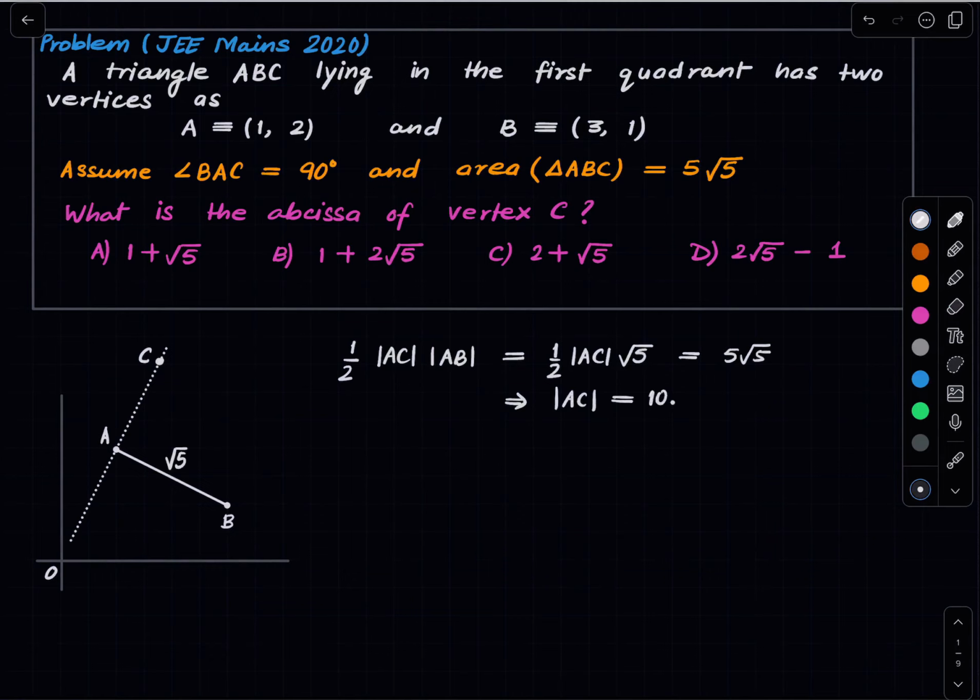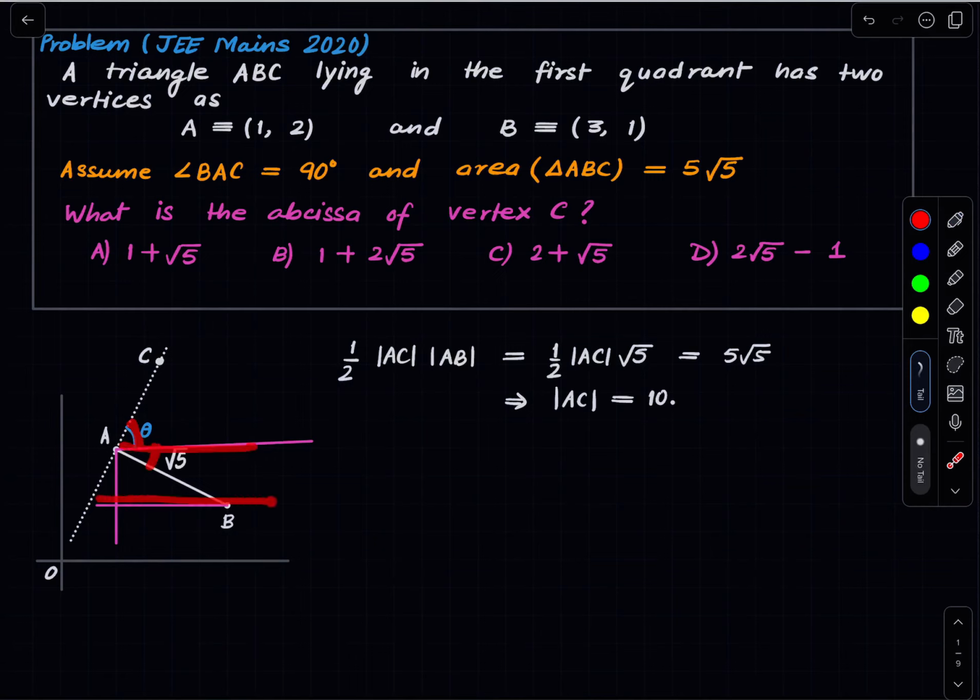Okay. And now to find the abscissa of C, we first draw these lines. We draw this horizontal line, we draw this vertical line, and then another horizontal line. Okay. And now let us call this angle theta. And if this is theta, then this is 90 minus theta.